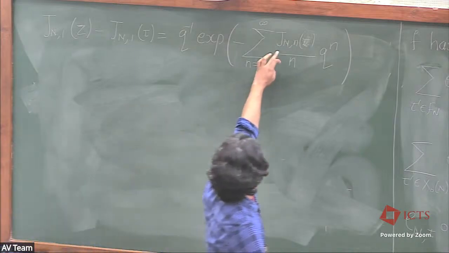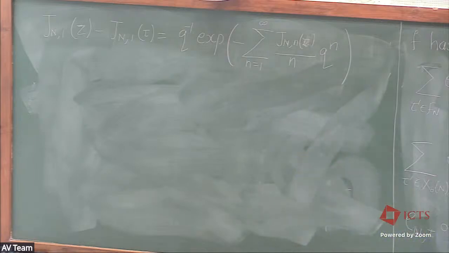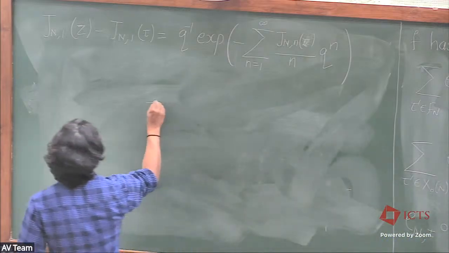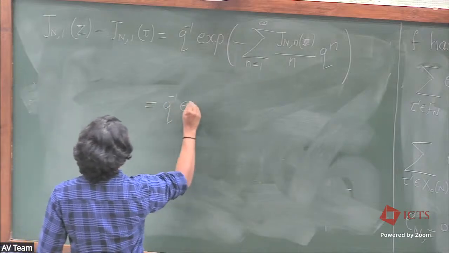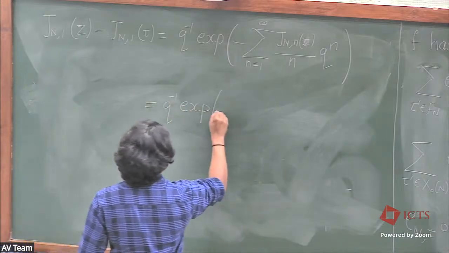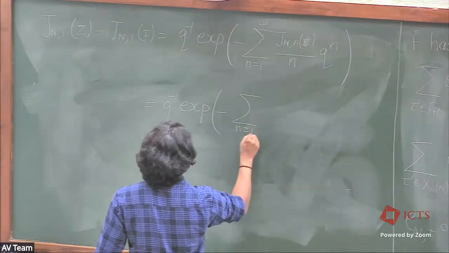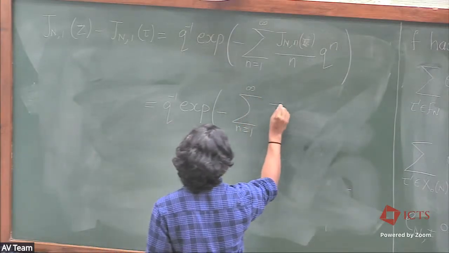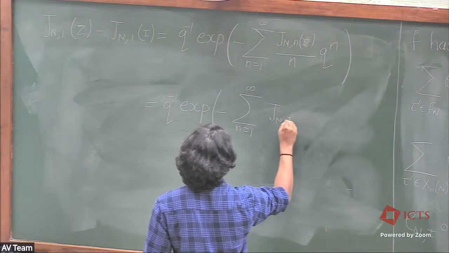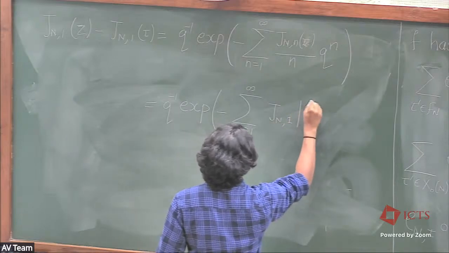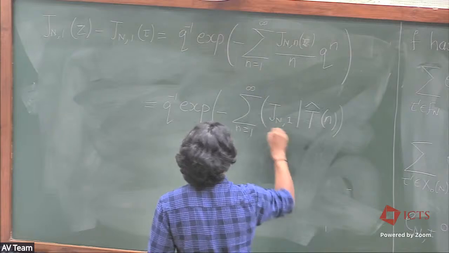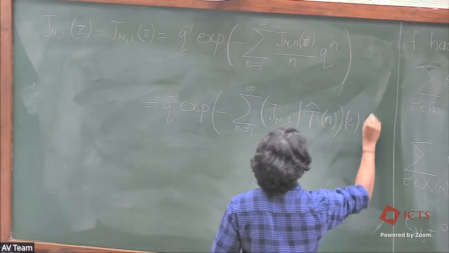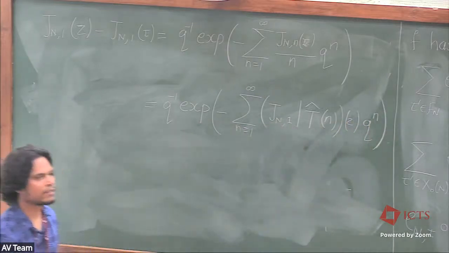And because we have proved that these J n's are just equivariant Hecke operator applied on J 1, I can simply write this as this.